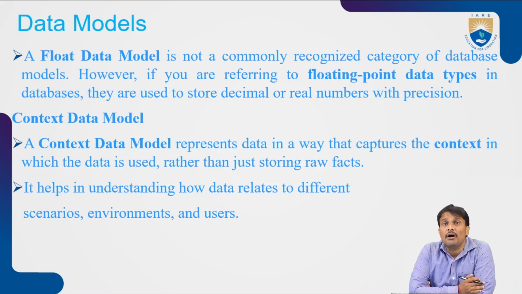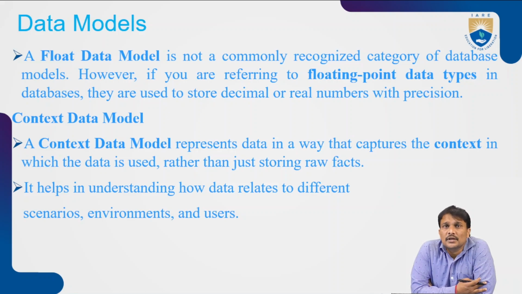And come to the next, context data model. The context data model is used to represent data in a way that captures the context in which the data is used, rather than just storing raw facts.